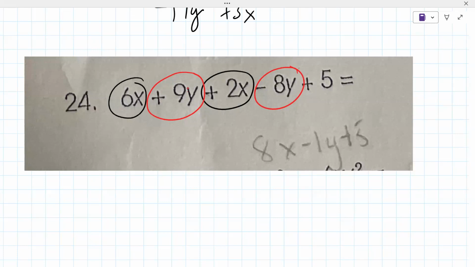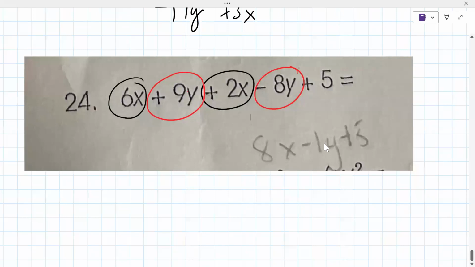Oh, okay, yeah, your answer is really close. That's why I don't want you to redo it all. The negative and the positive, they're different signs. Okay, what is correct down here? Is the 8x correct? Yes. Okay, is the minus 1y correct?